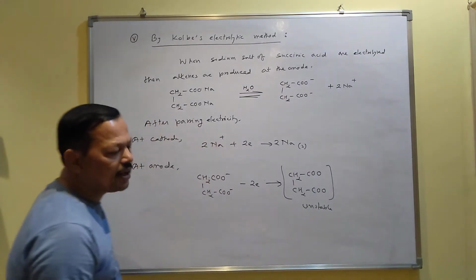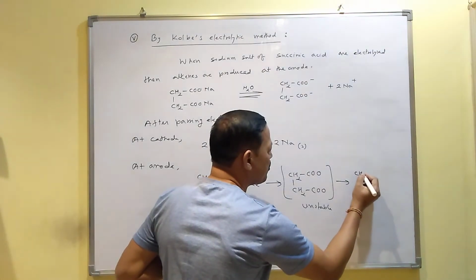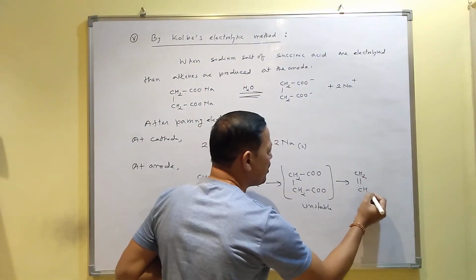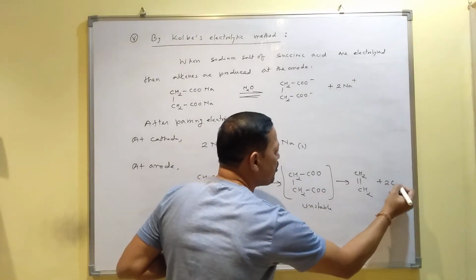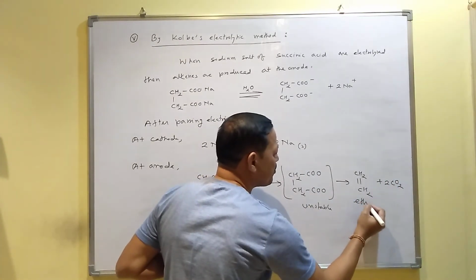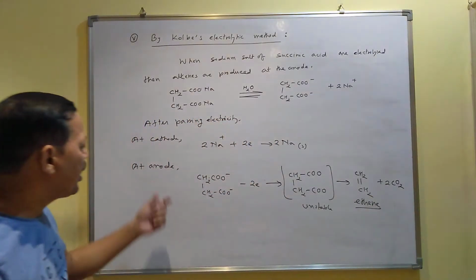Due to its unstable character, it will break and form ethene, and the CO2 will be released to produce carbon dioxide molecules. So ethene you will get as the product at the anode.